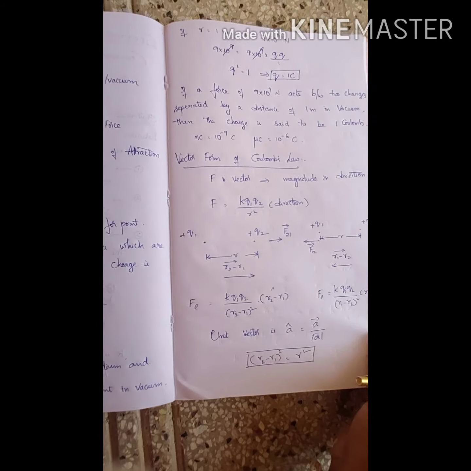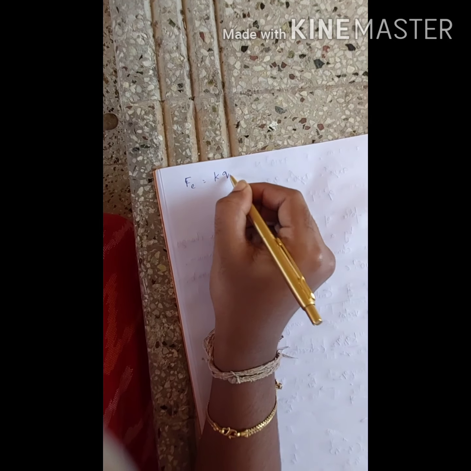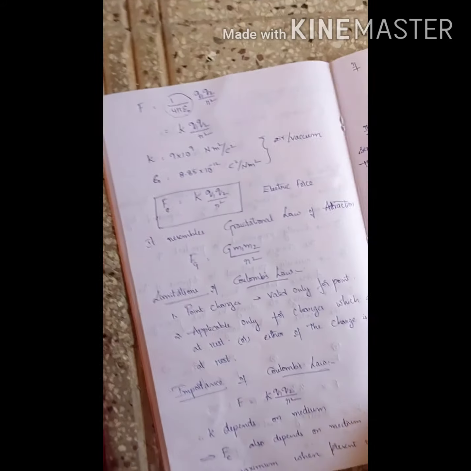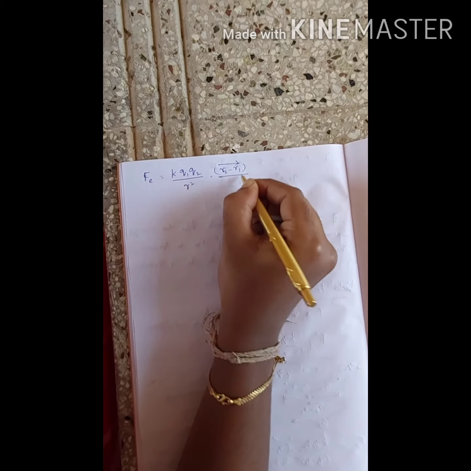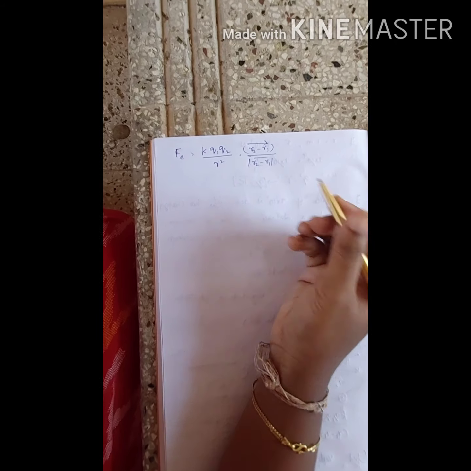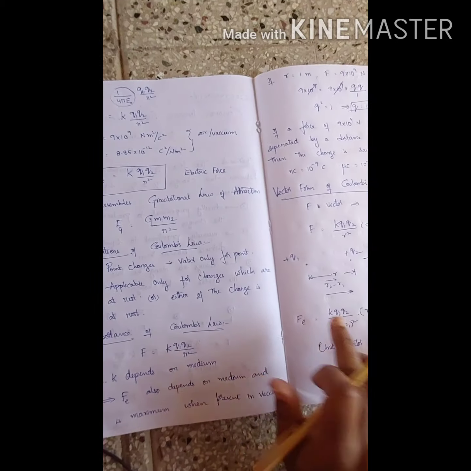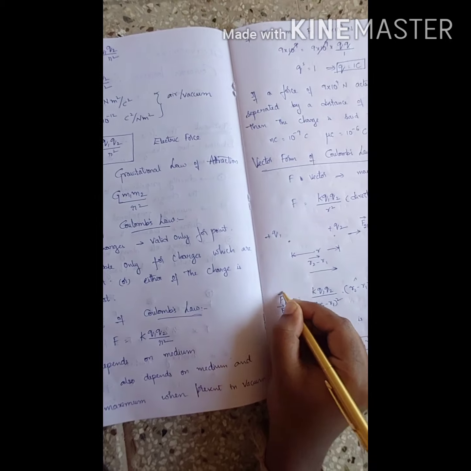Now we'll see how this can be written. F is equals to K Q1 Q2 by R square into R2 minus R1 bar by mod of R2 minus R1. This is force of 21 bar.